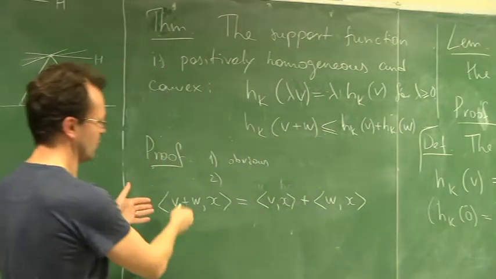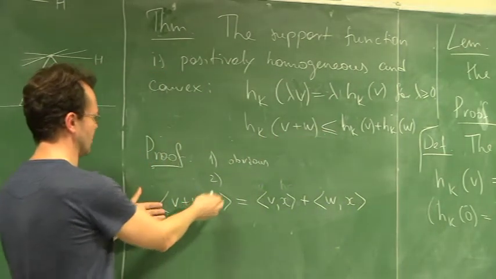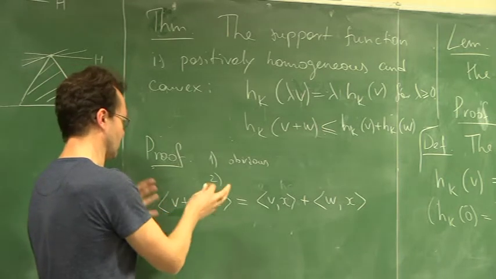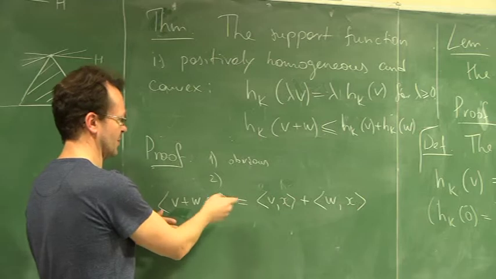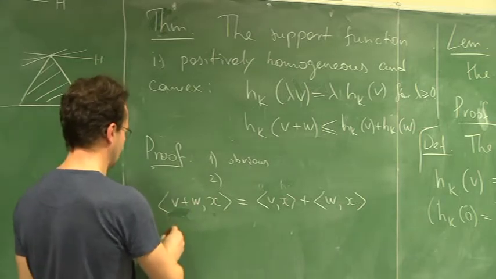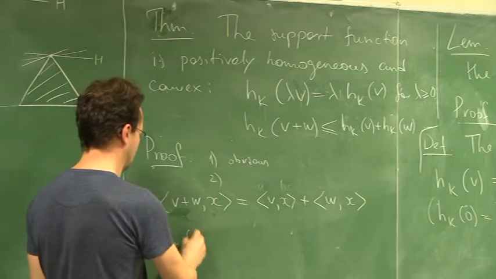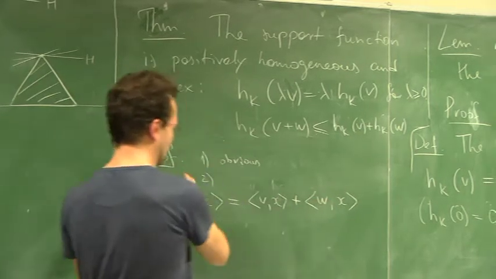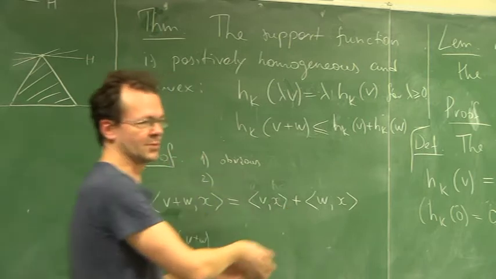And now to compute the support function, we want to maximize this over x in K. If you take the maximum of that over all x in K, then we get h_K of v plus w. At the same time, the maximum of the left-hand side is equal to the maximum of the right-hand side.